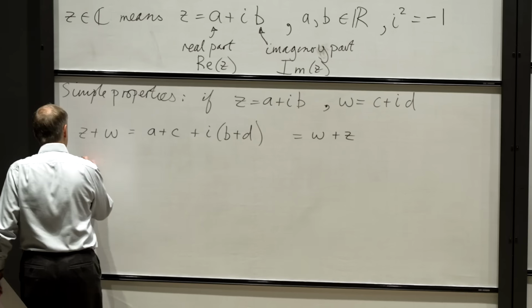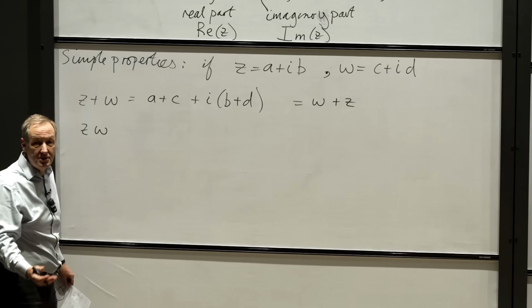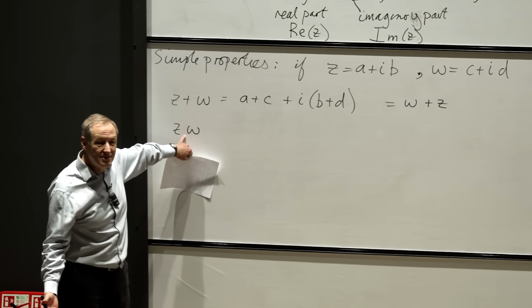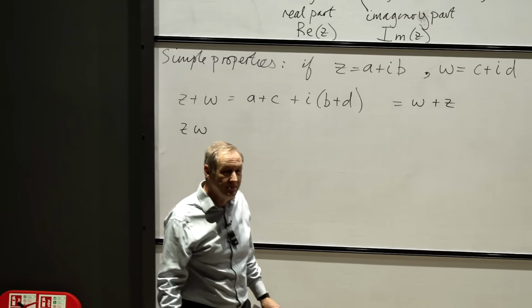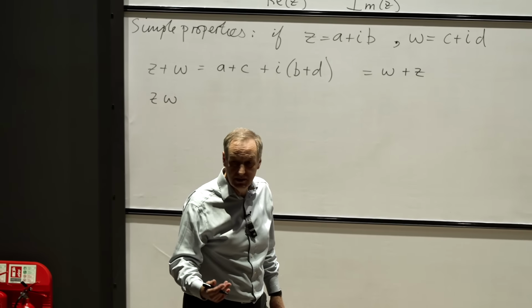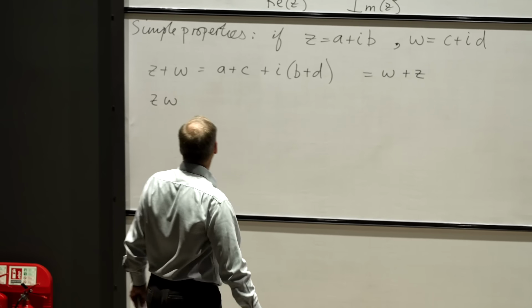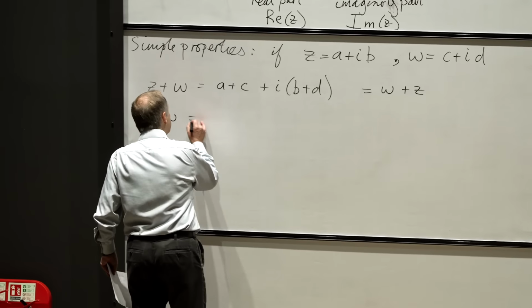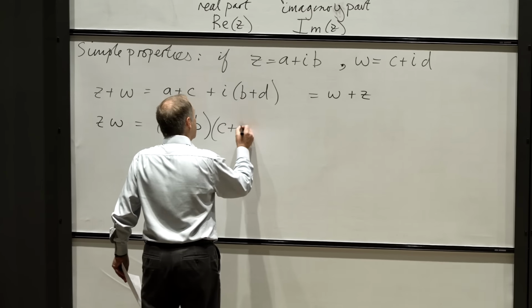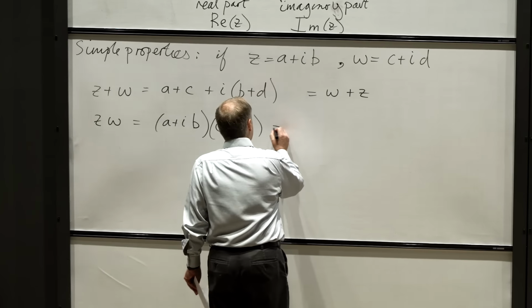And what's Z times W? In common with most other mathematicians, when I don't put anything between two objects, it means I'm multiplying them. Right? I will not put dot, I will not put times, I will just leave a space, leave nothing. So Z times W is, well, A plus I times B times C plus I times D. And now we just expand this in the usual sort of way.